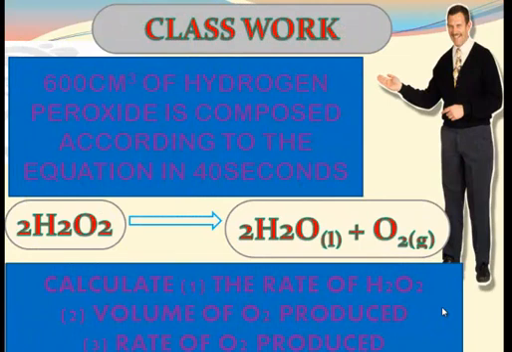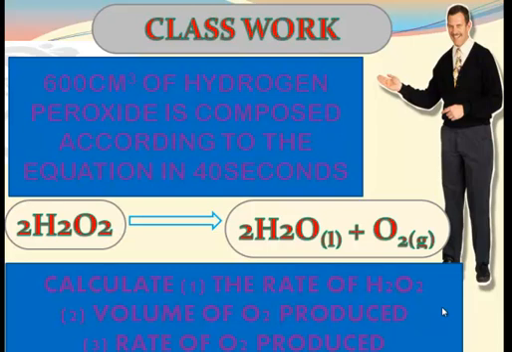We should calculate the rate at which the hydrogen peroxide is decomposed, the volume of oxygen that is produced, and the rate of oxygen that is produced.